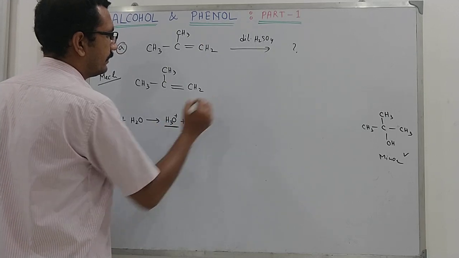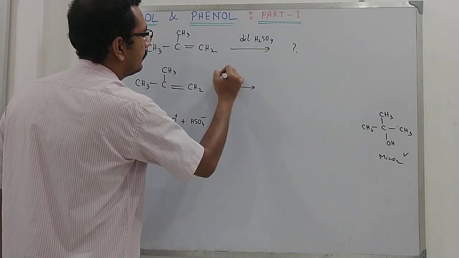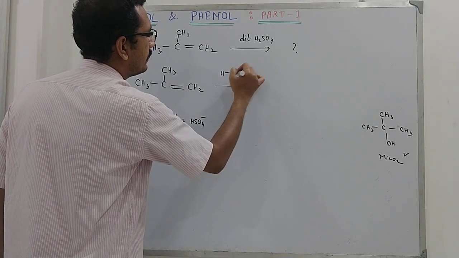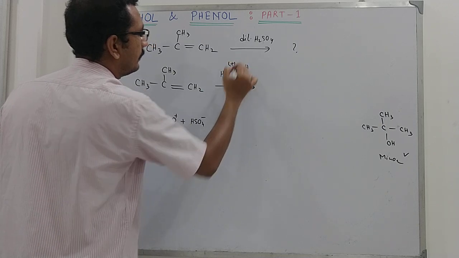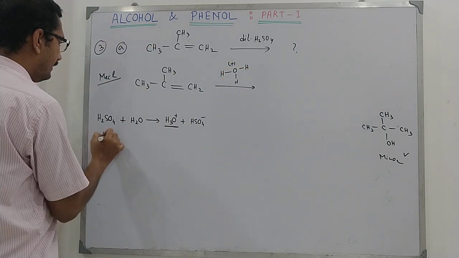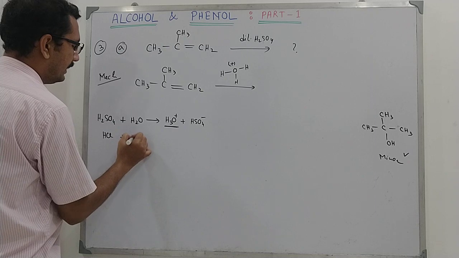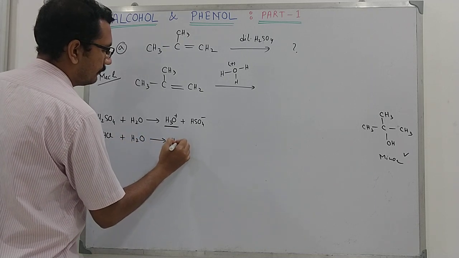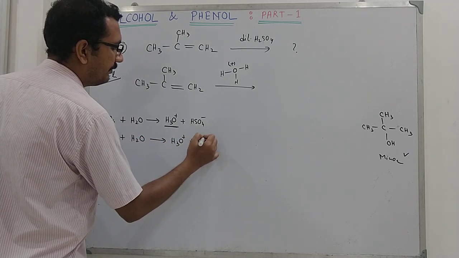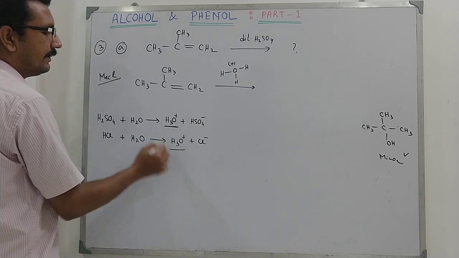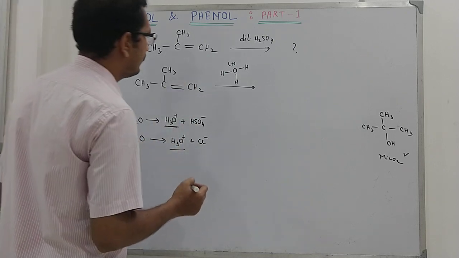Now this will act as the acid. So this is the hydroxonium ion. If we take dilute HCl instead of dilute H2SO4, it will be similar. Whatever the mineral acid may be, this H3O plus will initiate the reaction.